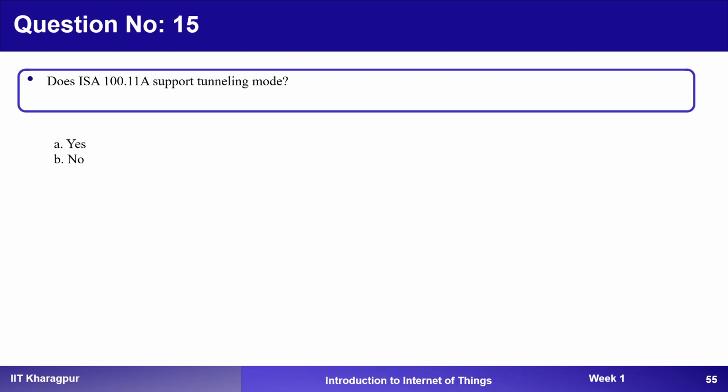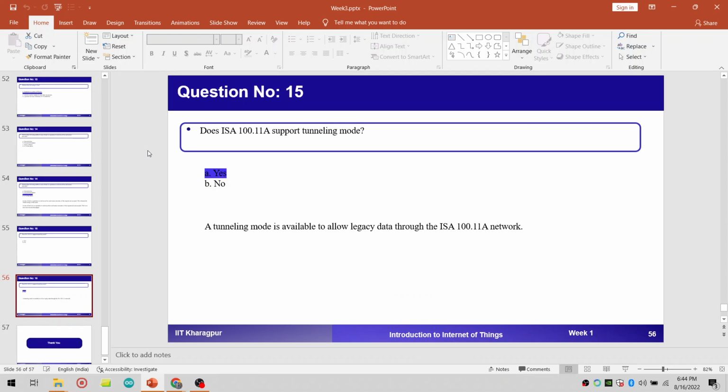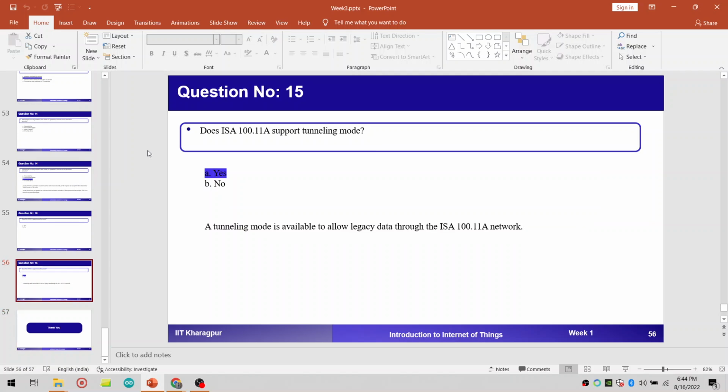What is it used to represent? No? ISA 100.11a is for mesh networks. In order to represent a mesh network, this is the standard which we use, and ISA 100.11a supports tunneling mode. Okay, so these are the questions of your week 3.